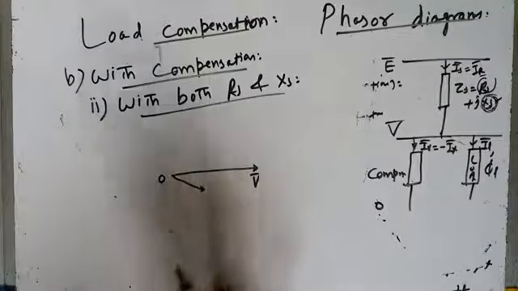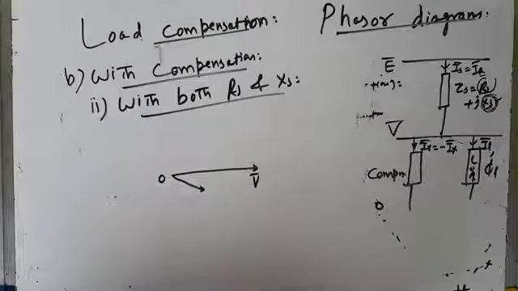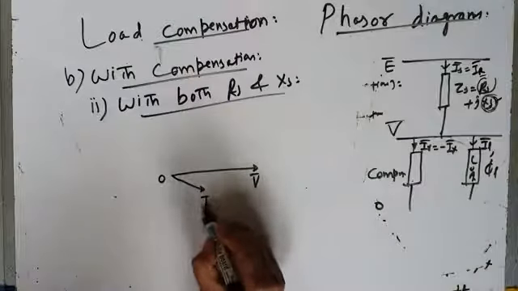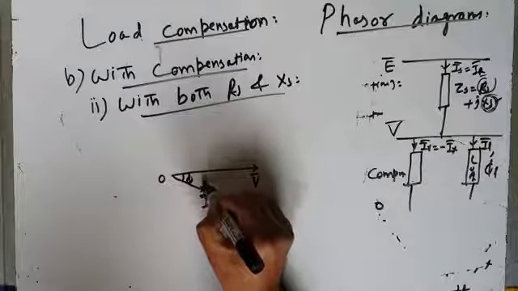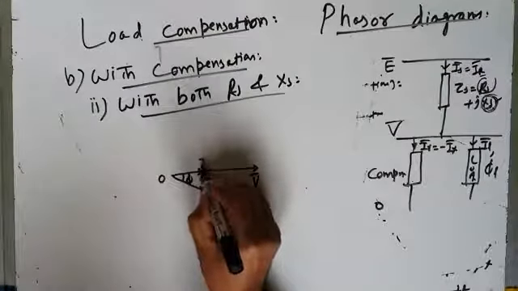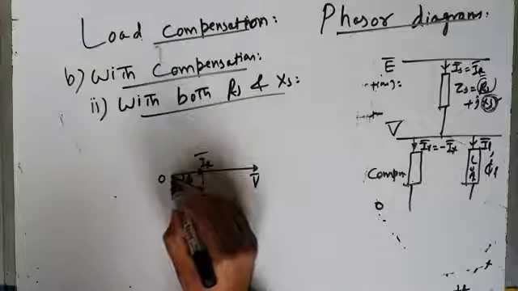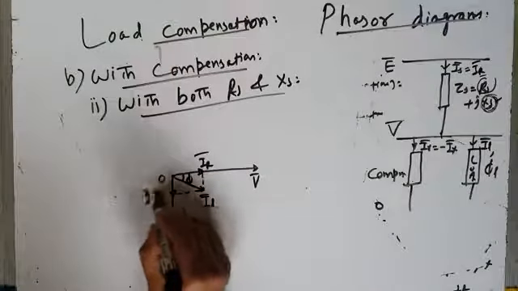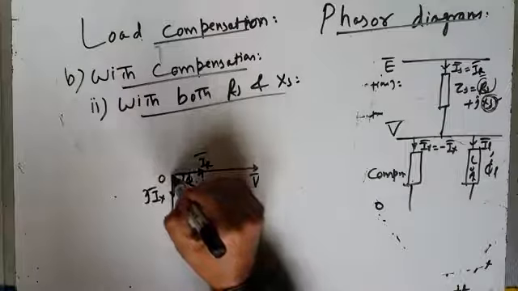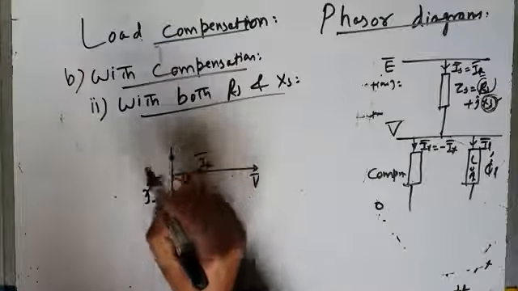As usual, this is line current IL, and it is at a phase angle phi. It has in phase component IR, it has quadrature component JIX. Now this JIX is coming from the compensator.